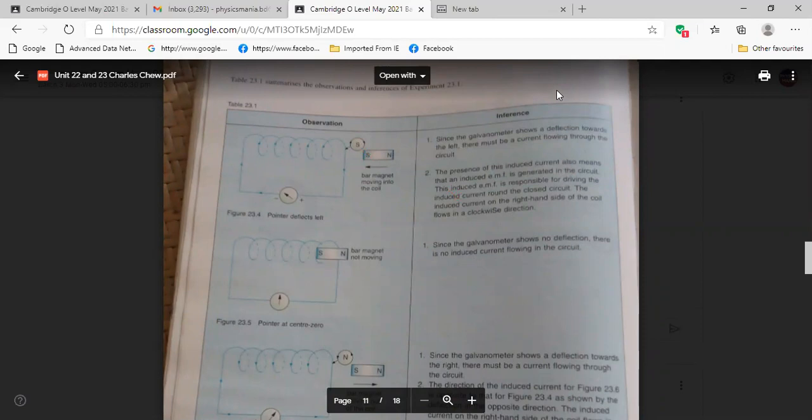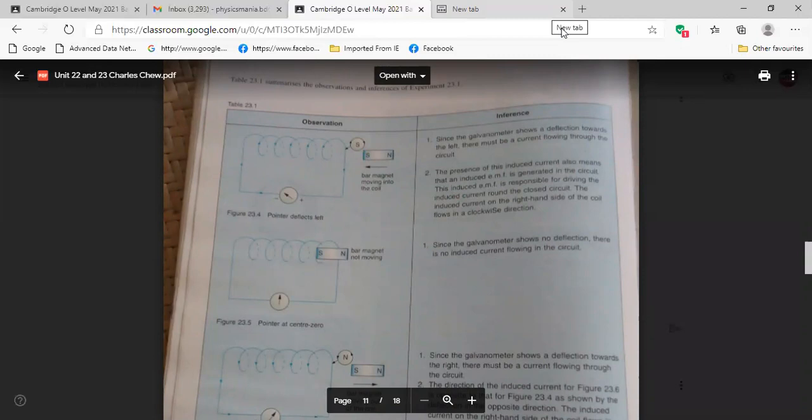Before going to Lenz's law, we are going to do the right hand grip rule. You already know the right hand grip rule for a straight wire, right? A straight conductor carrying current has magnetic field lines around it.